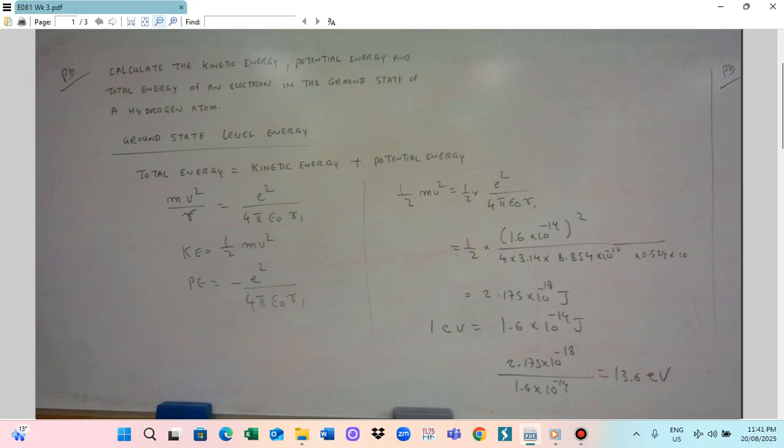We can write down this equation: half mv squared is equal to half times e squared divided by 4 pi epsilon zero r.